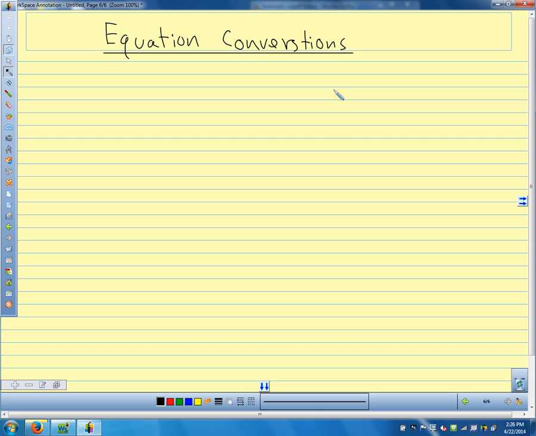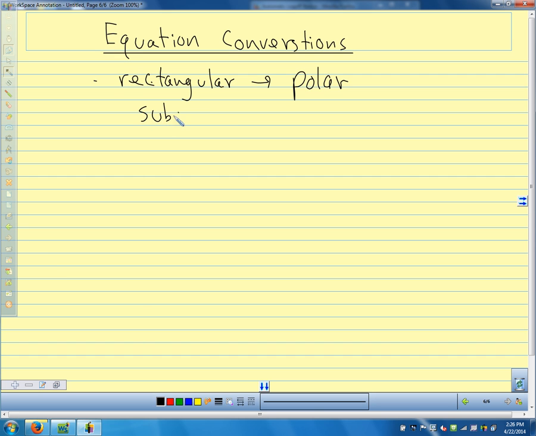If we have a rectangular equation and we want to convert to polar, we're just going to substitute x equals r cosine theta and y equals r sine theta and simplify.